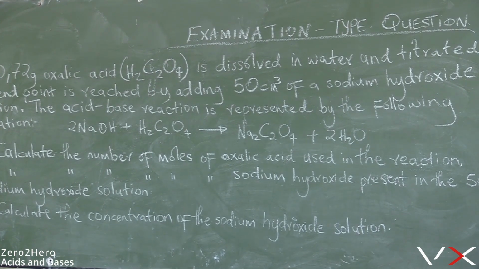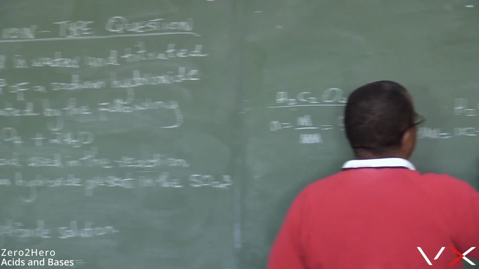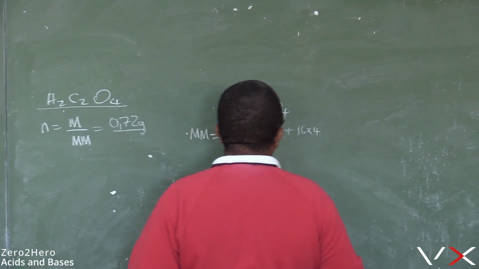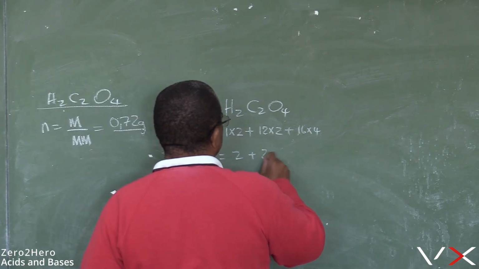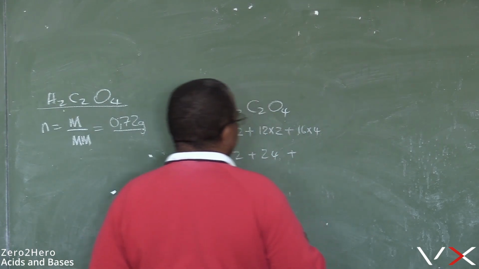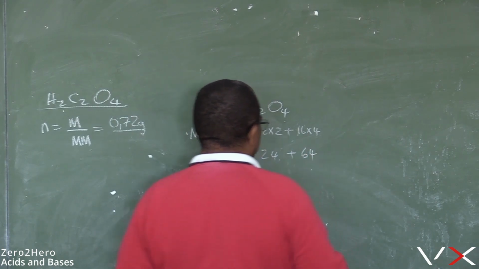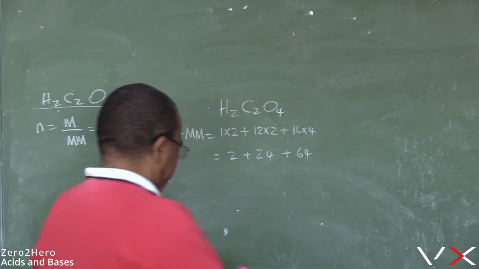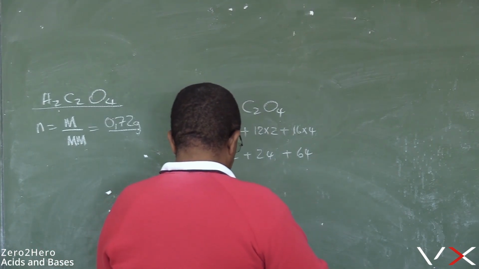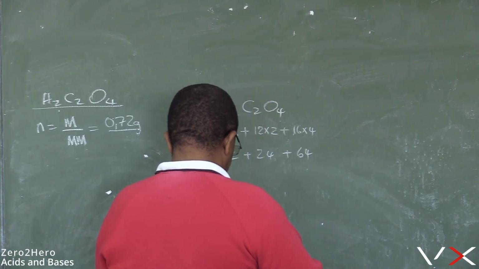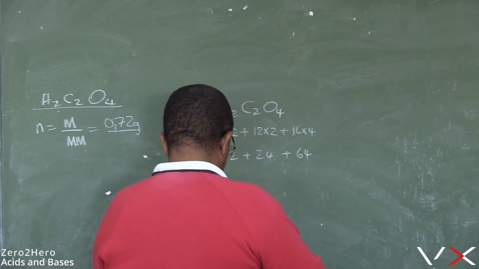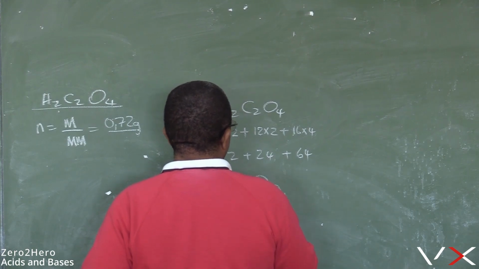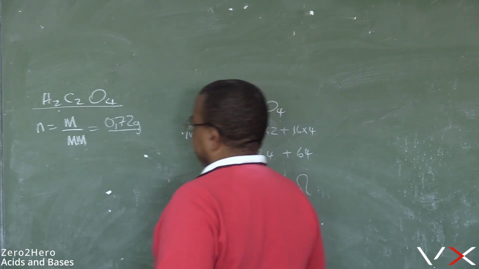Molar mass, hydrogen is 1 times 2, carbon is 12 times 2, oxygen is 16 times 4. So we have 2 plus 24 plus 64. So we know 16 times 4 is 64. Then we will have what? 64 plus 26. Sithola 90 grams per mole.